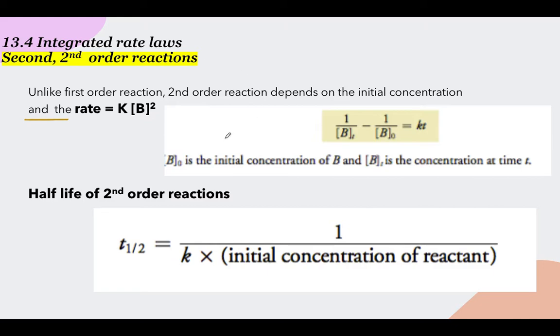So here is our equation for the change in concentration with time, and the half-life equation is this one: 1 divided by k times the initial concentration of the reactant.